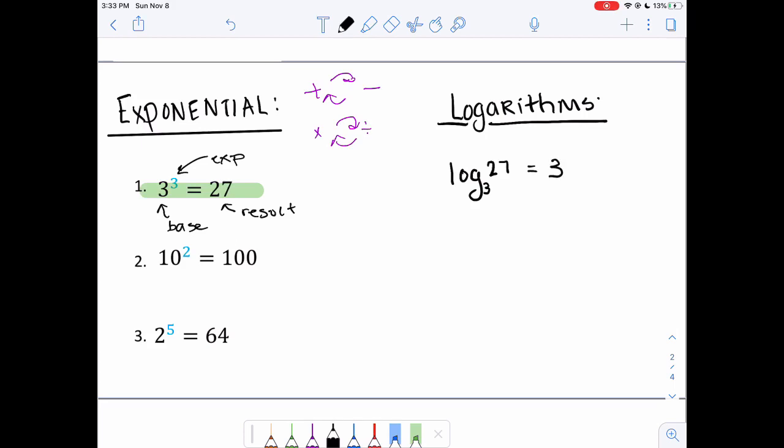We can try it again looking at problem number 2. Once again, drop the base. Write the result equals the exponent. When you see log base 10 like this, that's what's known as the common log.